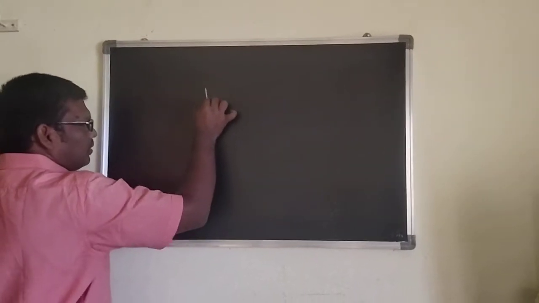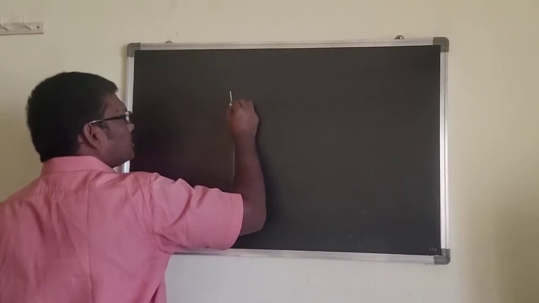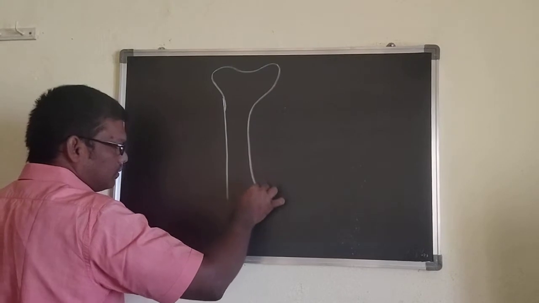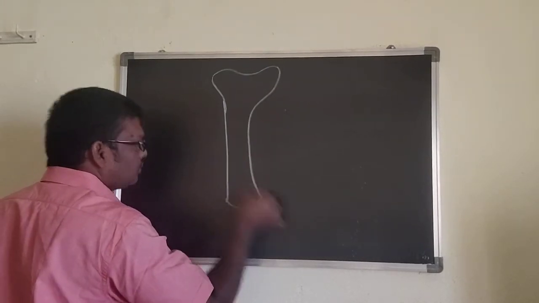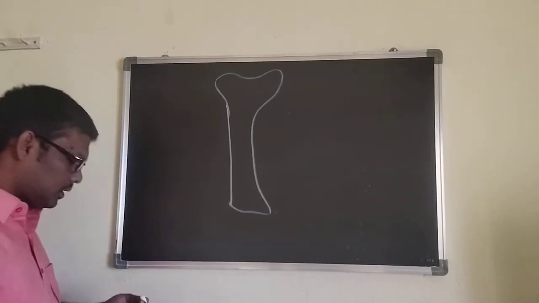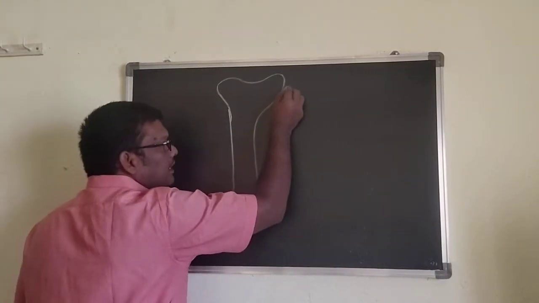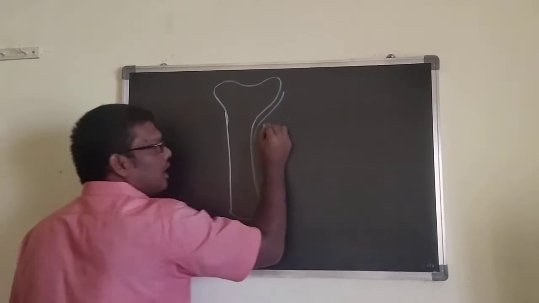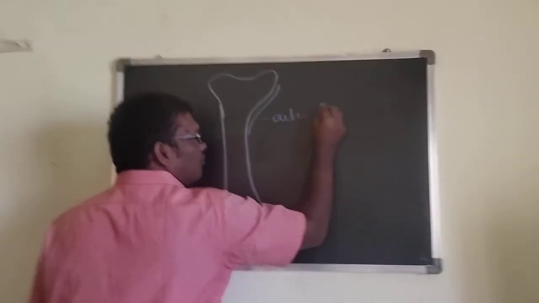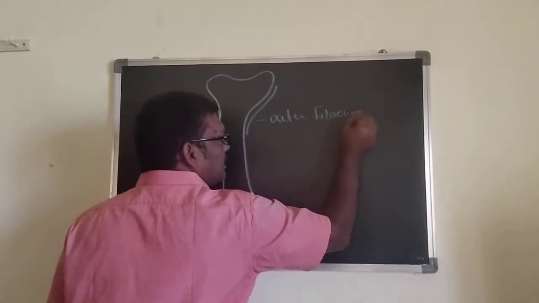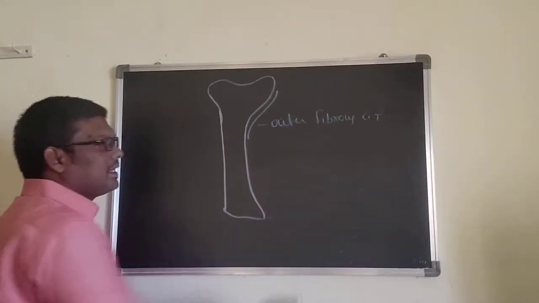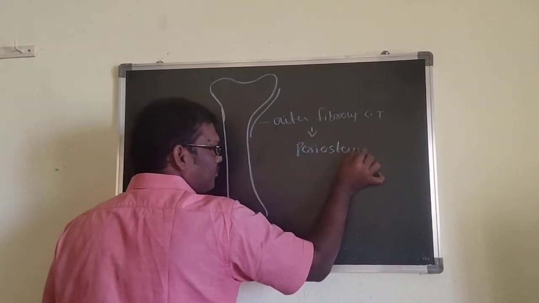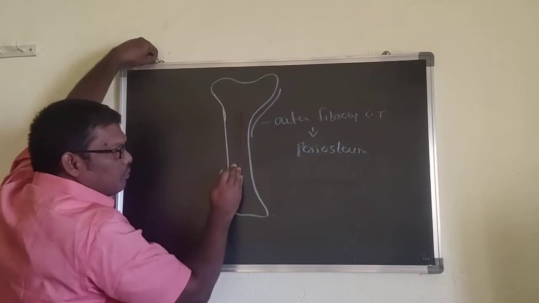Now this one is the bone. The bone has an outer fibrous connective tissue called the periosteum, and this one is the bone marrow.